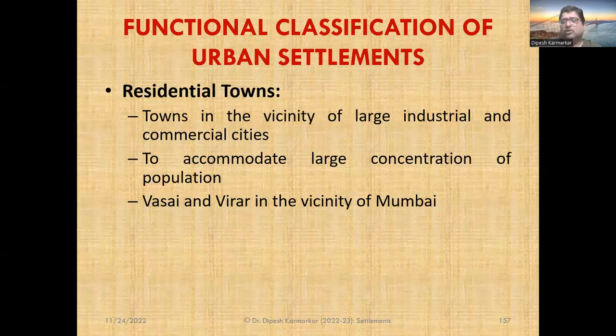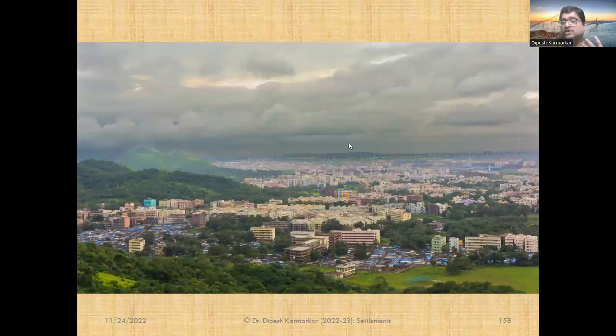So as I was mentioning, based on what is the most dominant function of your city or of the place, we can classify that particular city accordingly. We just now have talked about different classifications or different types of urban settlements based on functions. I repeat that cities are multifunctional, so they can be classified on the basis of a number of functions.